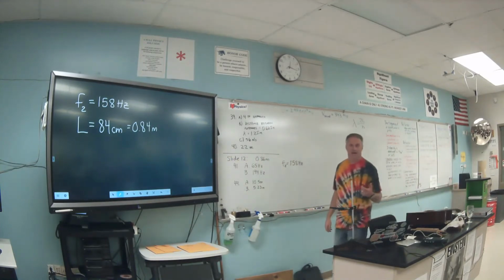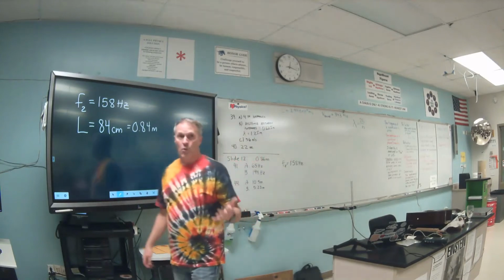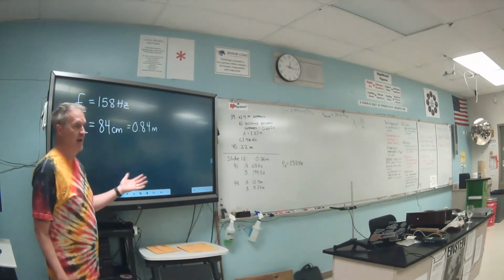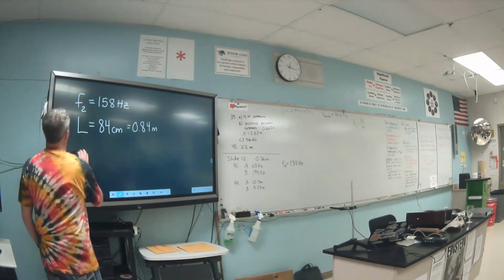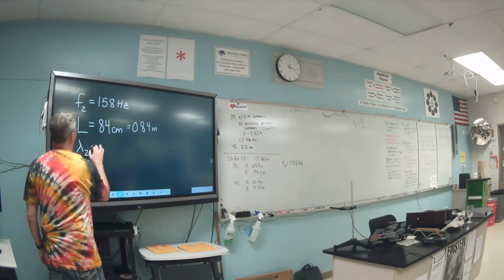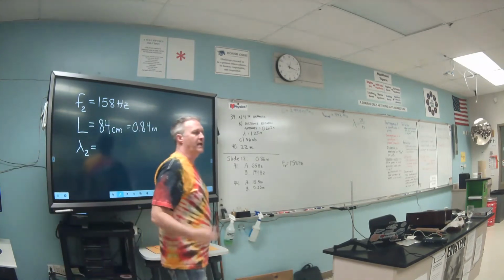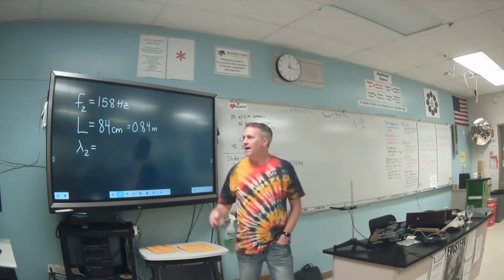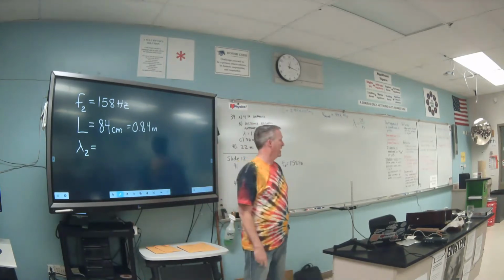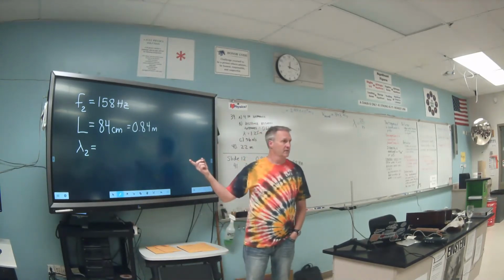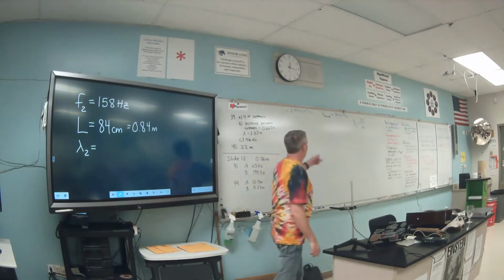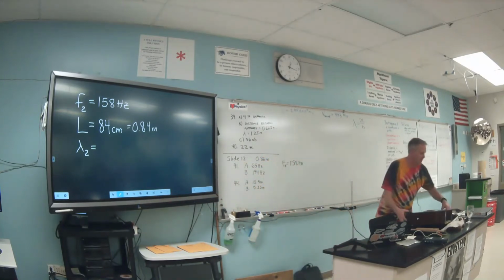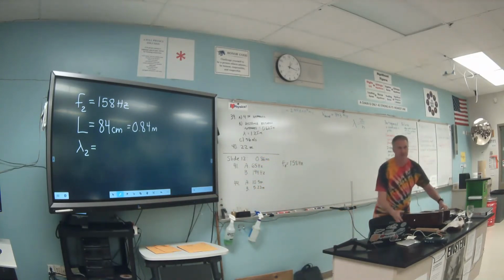From just those two numbers, I can figure out a lot of things. One of the things I can figure out is the wavelength of the second harmonic, because I know a relationship between wavelength and length of string. I wrote it up on the board, but I also want to make sure you guys are aware it's on the summary of physics equations.